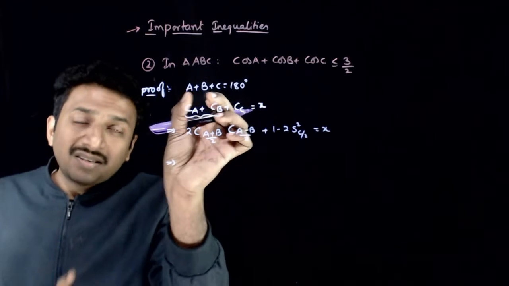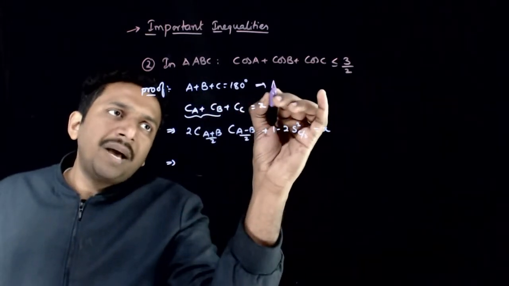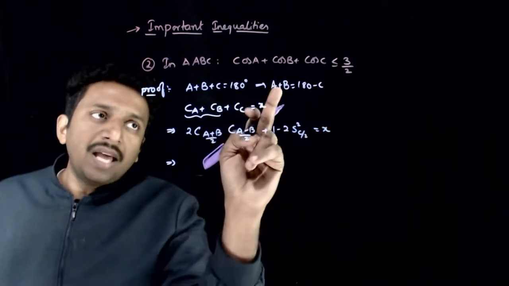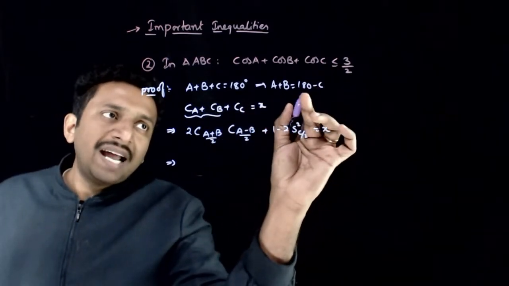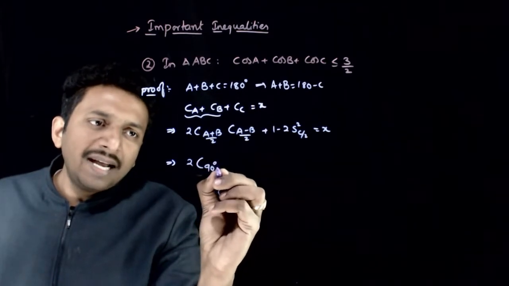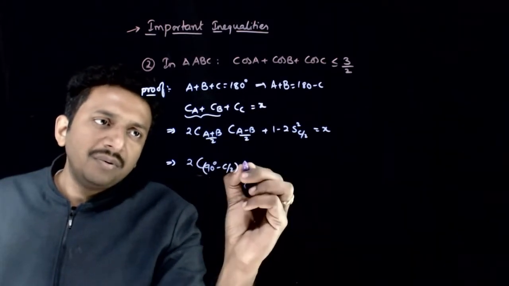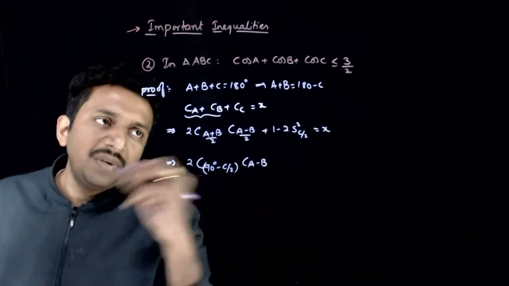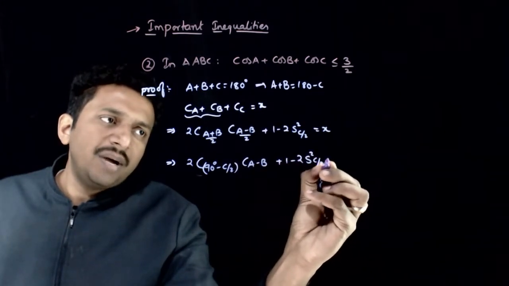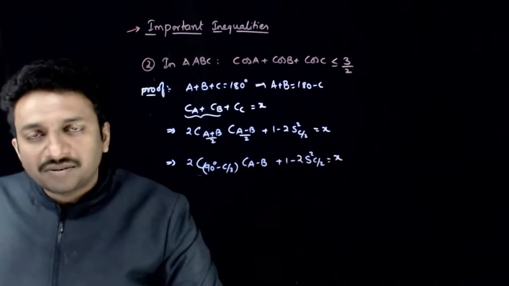A plus B is equal to 180 minus C. So (A plus B)/2 is nothing but 90 minus C/2. So 2 cos(90 degrees minus C/2) into cos (A minus B)/2 plus 1 minus 2 sine square C/2 is equal to x.